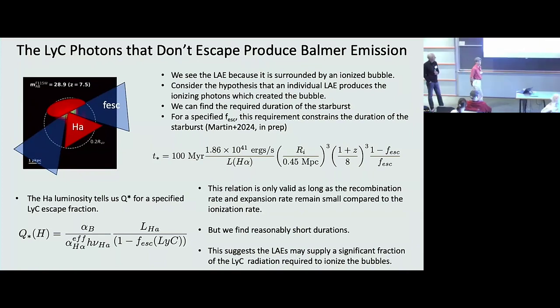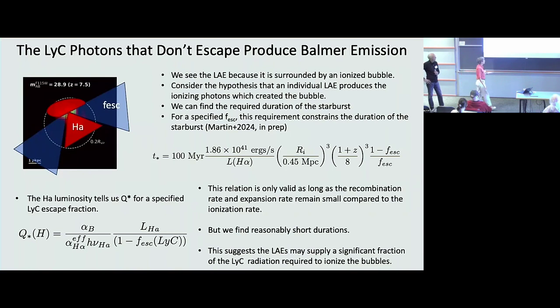Well, sure. If there's no escaping radiation from the galaxy, then it would take an infinite time to ionize the bubble. Yeah, I was trying to be a little more subtle than that. Do you have a sense of whether you can actually infer a constraint on F-escape just based on the idea that there's some minimum time scale for a starburst and you see an H II region of a given size?